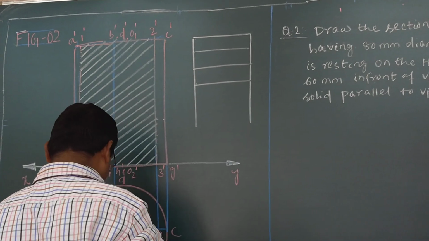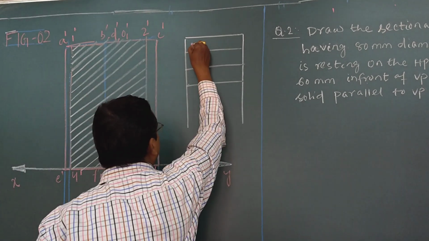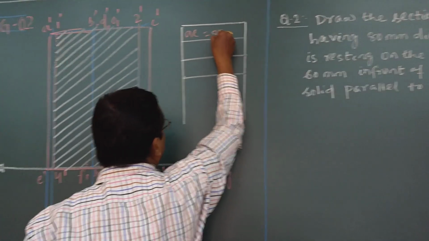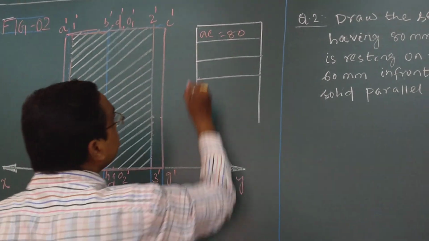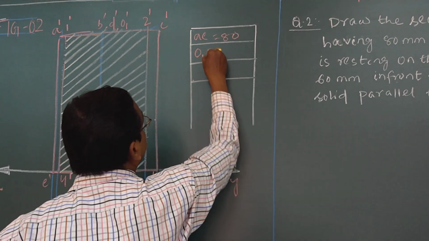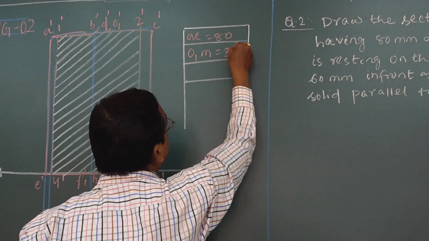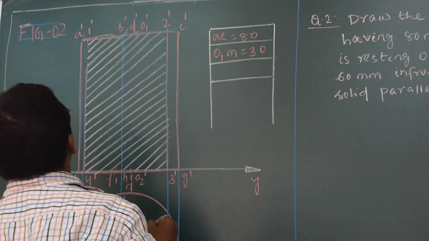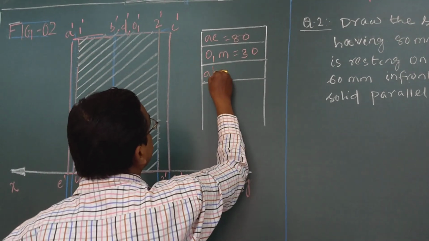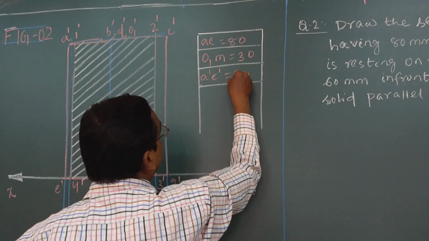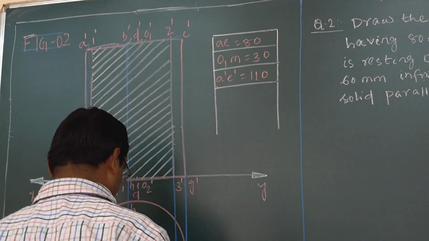First you write down AC, AC 80, that is the diameter, O1M 30, then E dash, A dash, A dash, E dash 110, this much only.